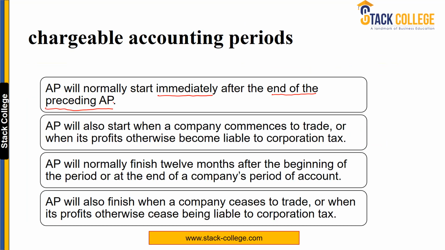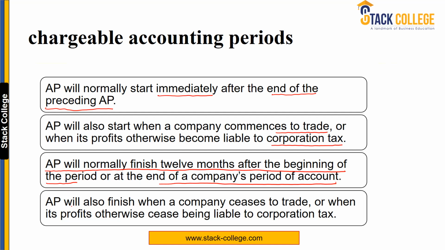And also, the chargeable accounting period will start when a company commences to trade, or when its profit becomes liable to corporate tax. Similarly, the end of the accounting period is 12 months after the beginning of the period, or at the end of the company's period of account.